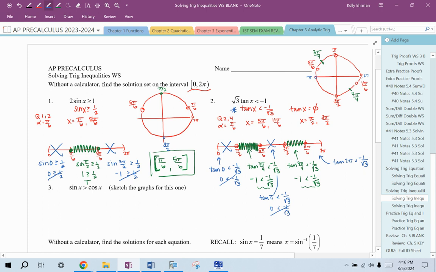Tangent of 2 pi is 0, which is not less than negative 1 over radical 3. So solution set for this one, this is just less than, so no square brackets. So it's pi over 2 to 5 pi over 6, and 3 pi over 2 to 11 pi over 6.